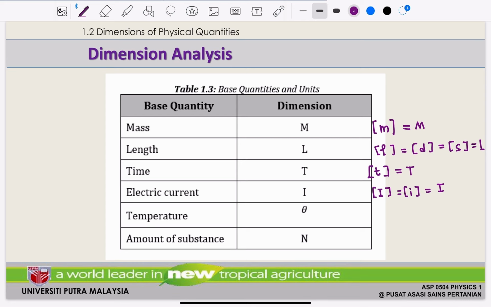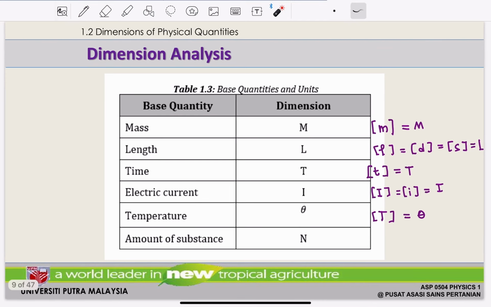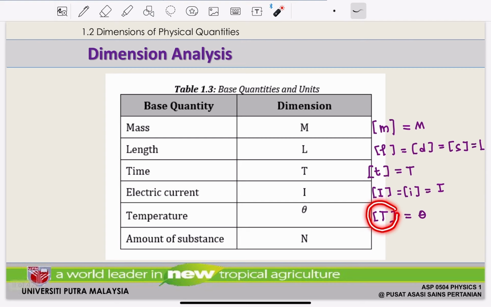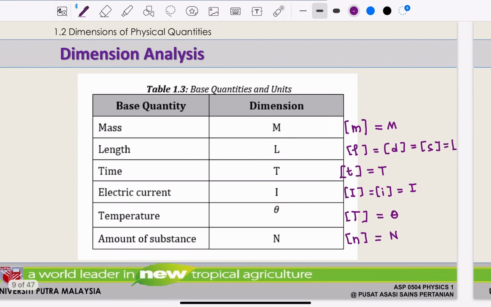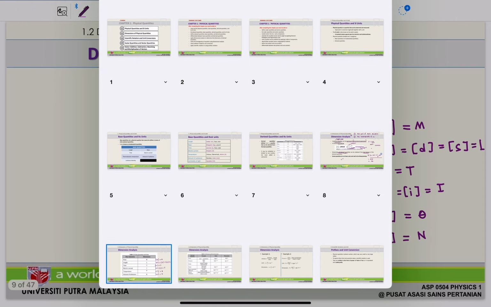For temperature, tengok ni, capital T with square bracket, okay, is dimension of temperature, and we have theta as our dimension. So look at the difference. If it has a bracket, it is dimension for temperature. If it doesn't have the square bracket, it is dimension for time. And then last but not least, we have number of mole, which is n, small n, and its dimension is N.